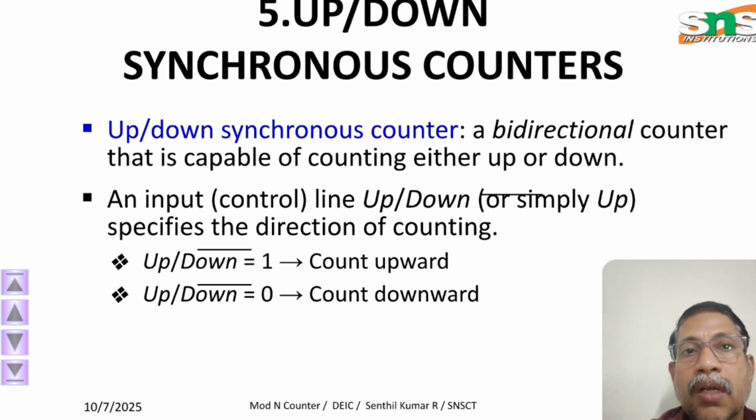A special input terminal is required to say whether the counting is up or down. The other remaining parameters for the design of a synchronous counter remain the same, except this special input control terminal. Again, when up bar down is 1, the counting is in ascending order. If it is 0, then it is in descending order.